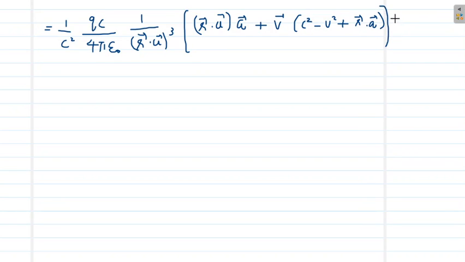Now take the cross product with r bar with all these terms. So we have a bar cross r bar as well as v bar cross r bar as operations in these terms, which is same as the previous term.